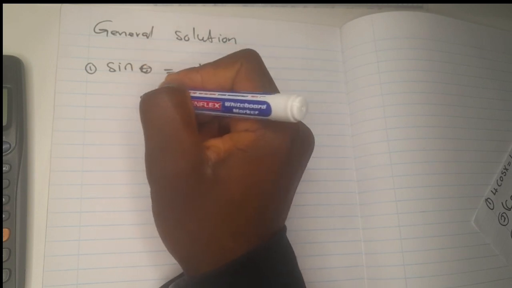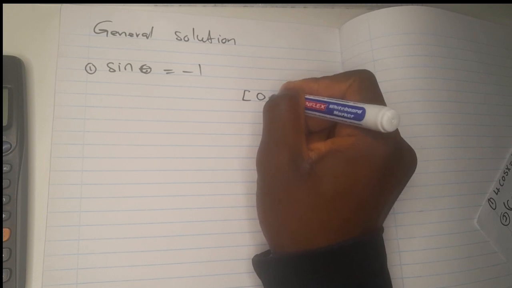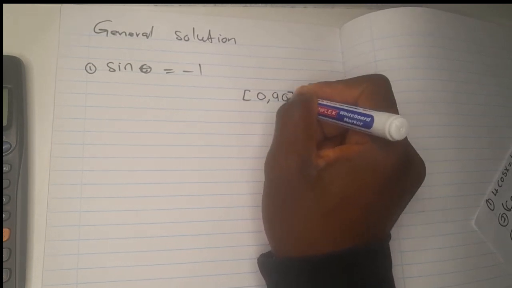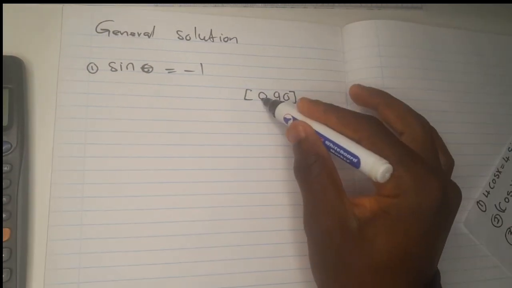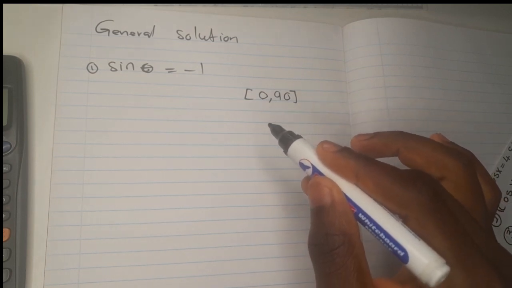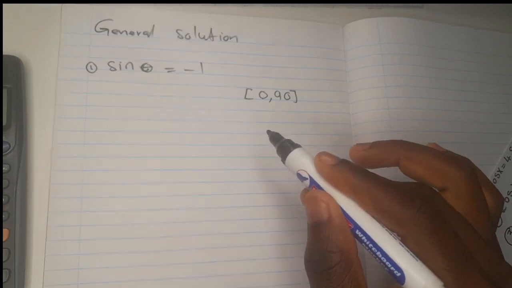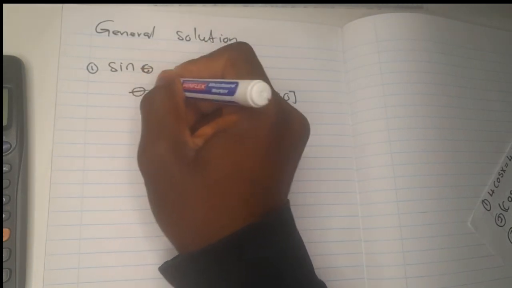So my reference angle needs to be between 0 and 90. This is not the first time I'm talking about 0 and 90. It leads us to a reduction formula or CAST diagram, which means I need to apply those things. Let us look for our reference angle.